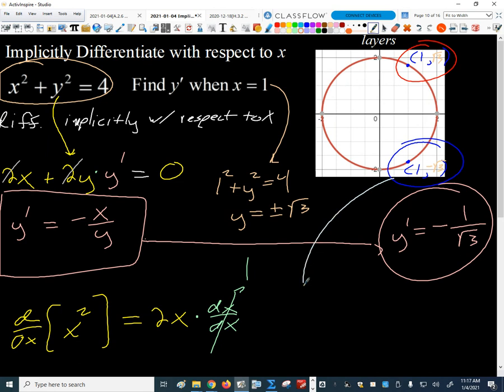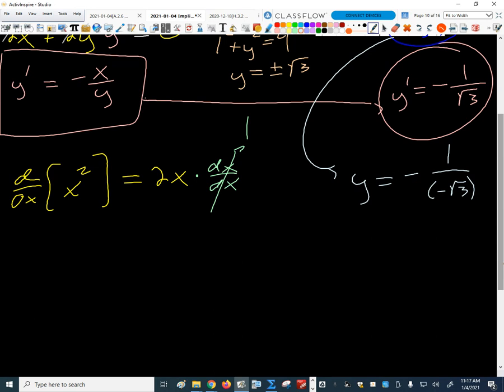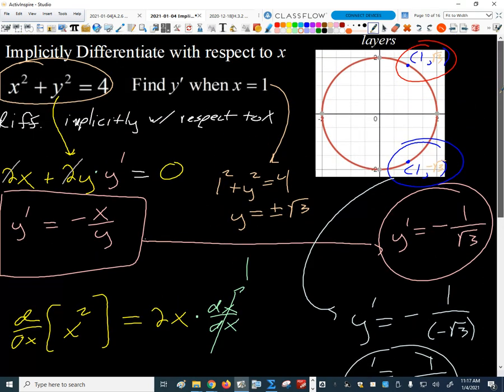At that point, I would get y prime equals negative, my x value is 1, my y value is negative radical 3. So the negatives cancel. Y prime would equal 1 over the square root of 3 instead of negative 1 over the square root of 3. Okay, everybody seeing that? Give me 1 to 5.